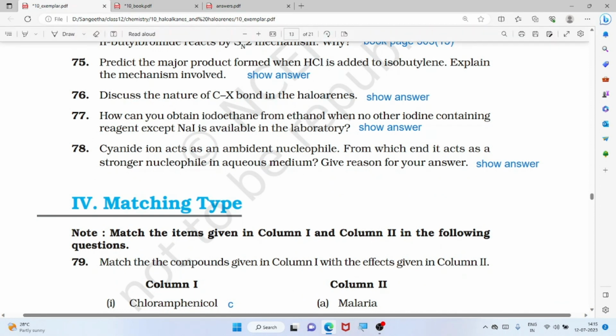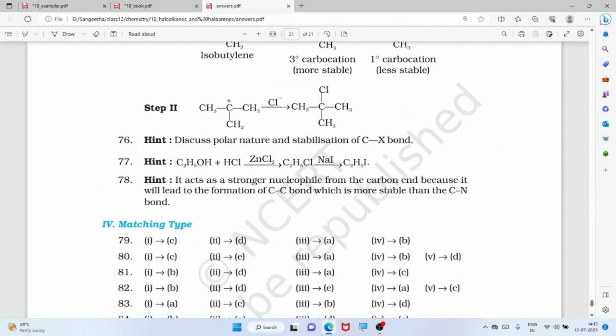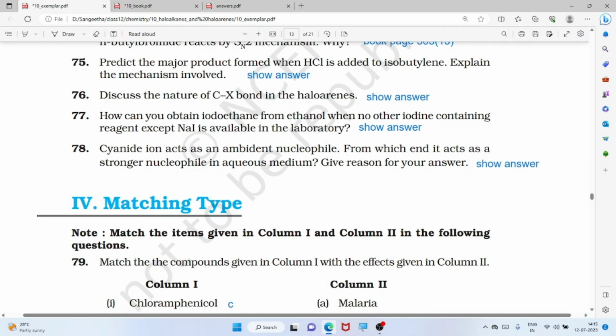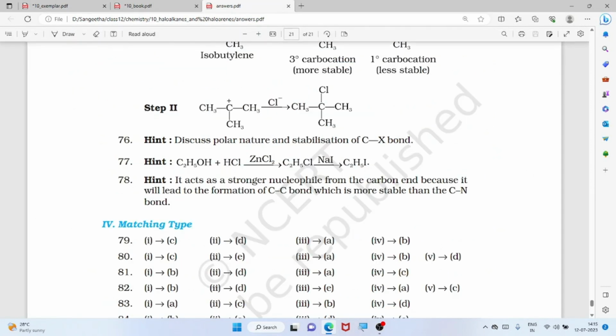Question 77: How can you obtain this from ethanol and no other iodine source? Cyanide acts as an ambident nucleophile; from which end does it act as the nucleophile? Question 78. Okay, you can go through this answer.